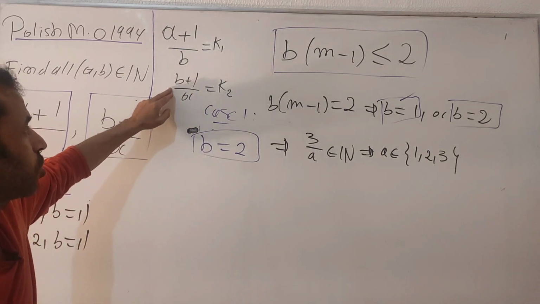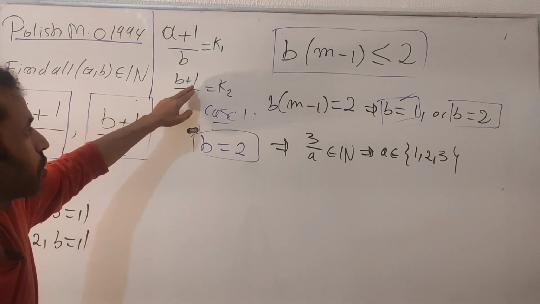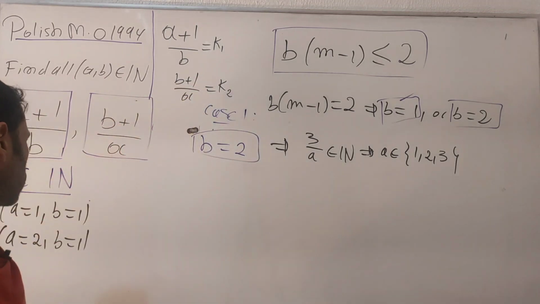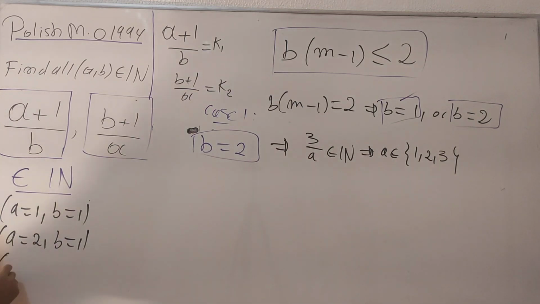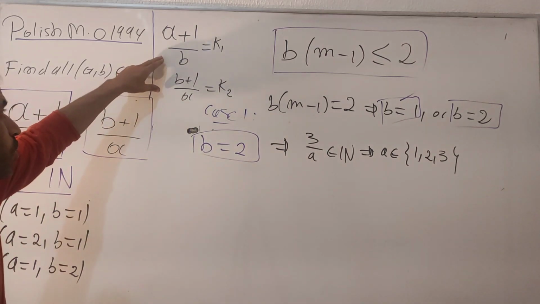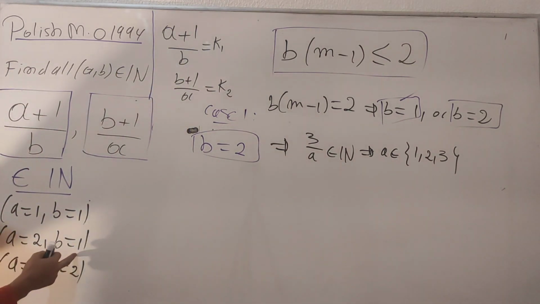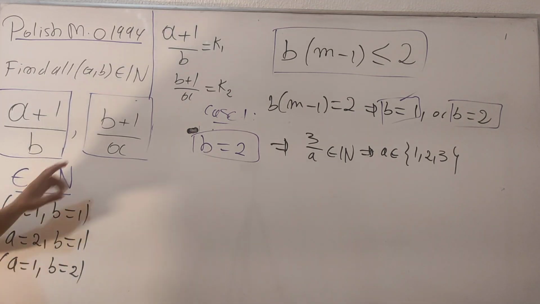For the next fraction, I get 2 plus 1, which is 3, 3 over 1 is also a natural number, which means we have a solution. We have a equals 1 with b equals 2. This one gives us the solution because of the symmetry reason, because if you take a look at both solutions, you get a equals 2, b equals 1. The other one also we need to have a equals 1, b equals 2 because of the symmetry.